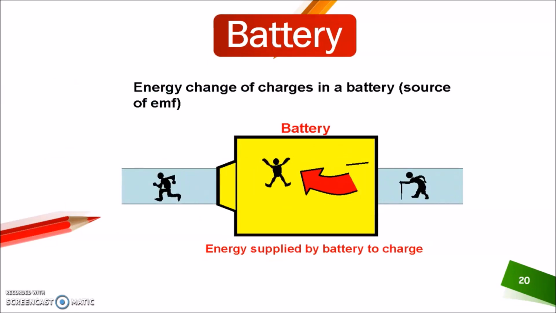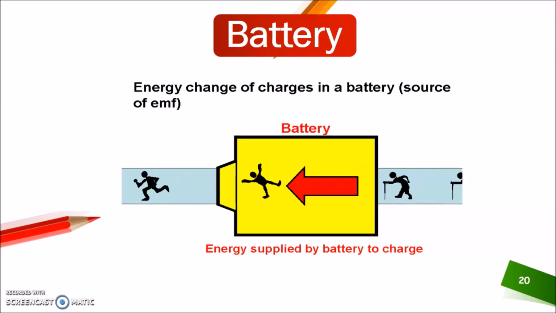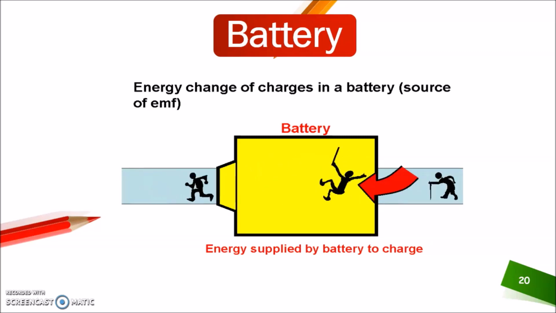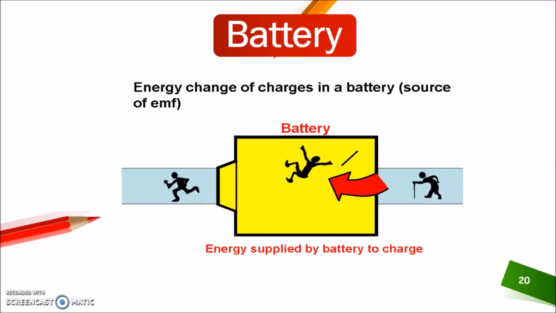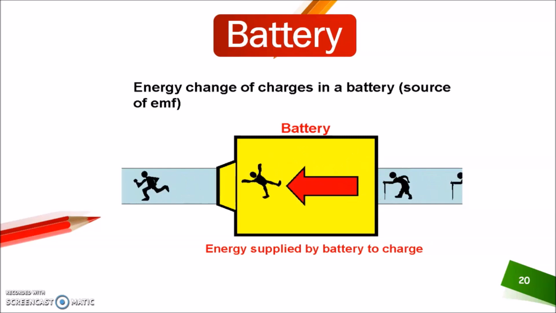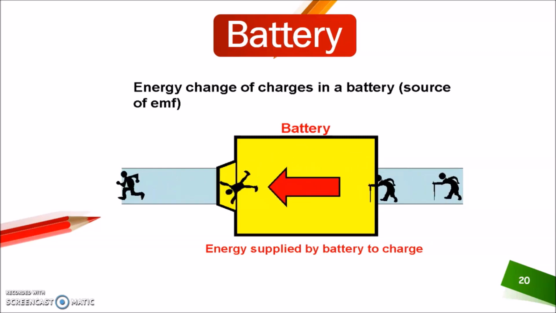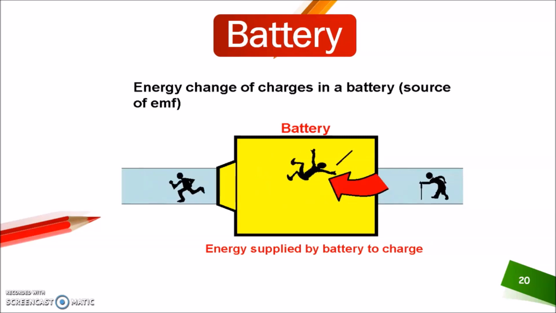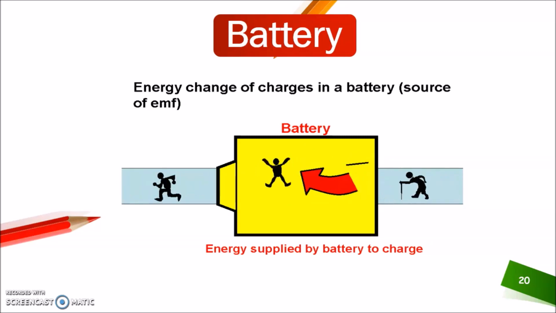Now, the most important part of an electric circuit, battery. Now the question arises, if the current is defined as the flow of charge or the rate of flow of charge per unit time, then who forces electrons to flow in a single direction in a circuit?